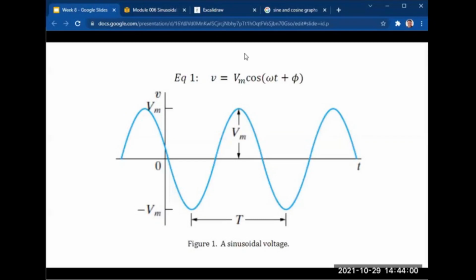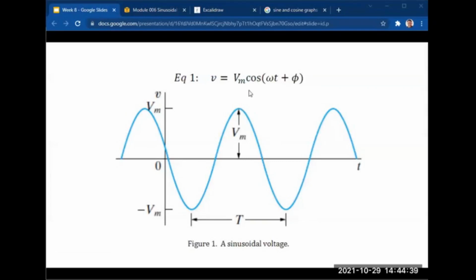Next we have the max voltage, or Vm. Vm is the maximum amount our sinusoidal voltage can have. The sinusoidal voltage will alternate from the positive maximum voltage to the negative maximum voltage and vice versa, periodically, meaning in a constant time pattern.